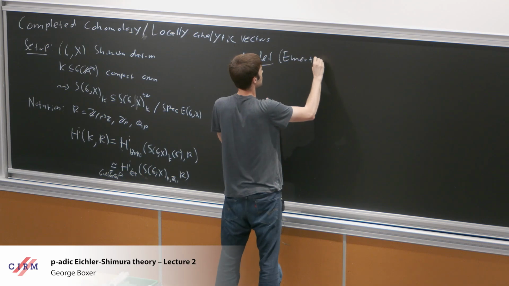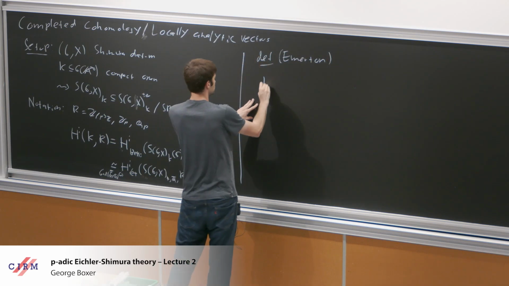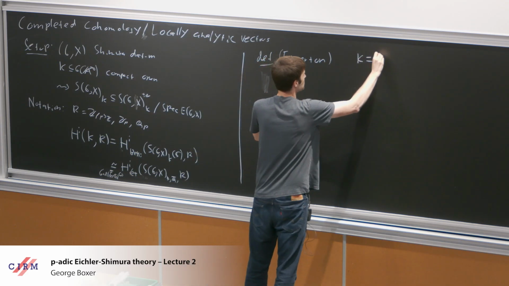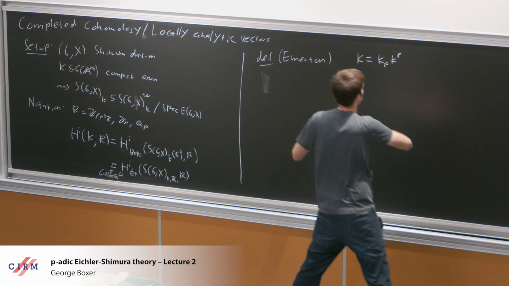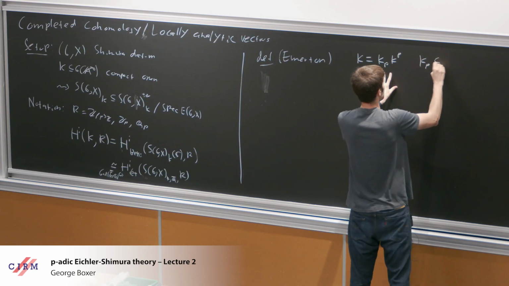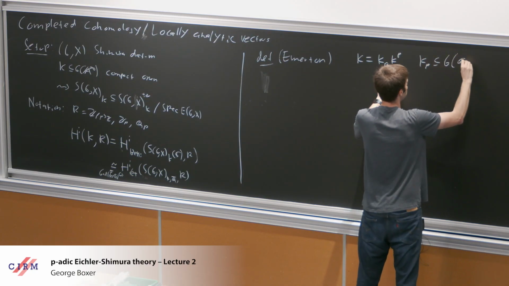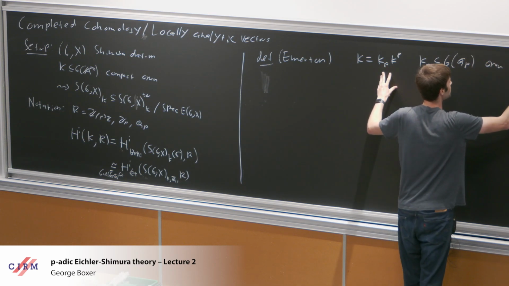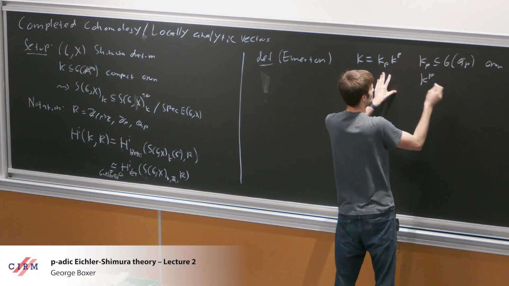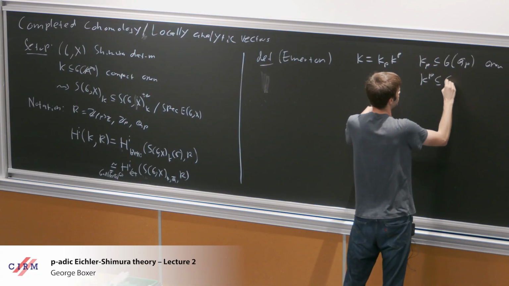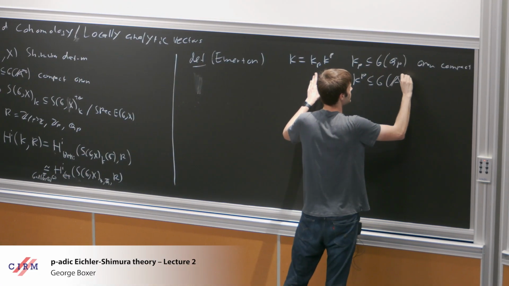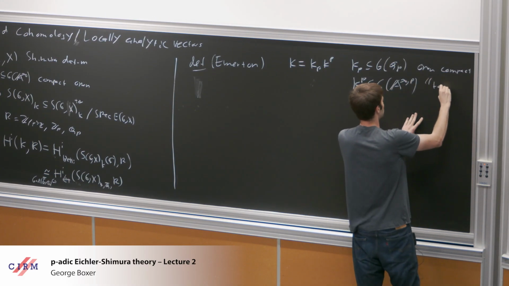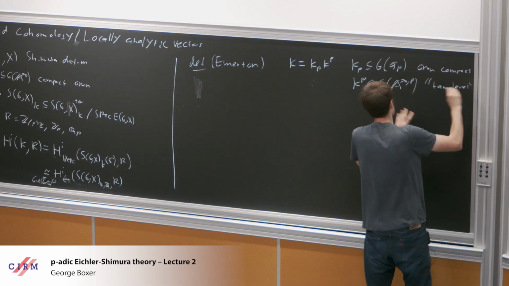Following Emerton, maybe I'm going to let my level K be a product of K_p and K^p, where K_p is an open compact subgroup of G(Q_p). And K^p is an open compact in the adelic points away from infinity and p, and this is what we call the tame level. And typically we'll just fix it.